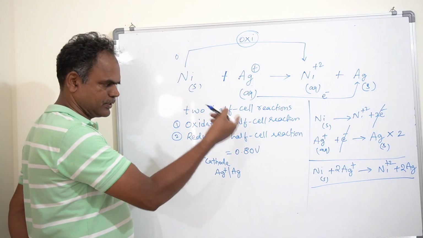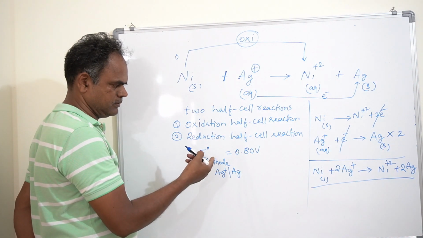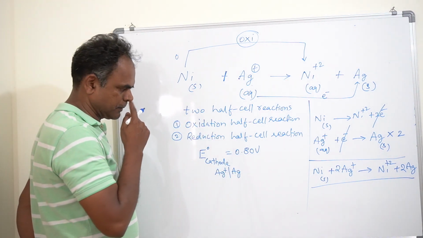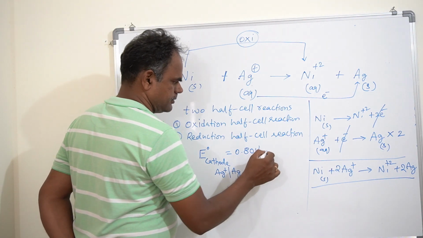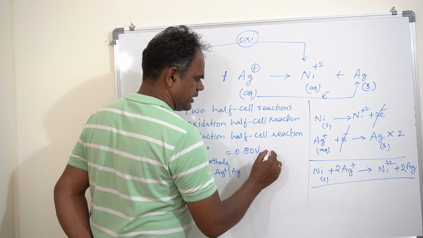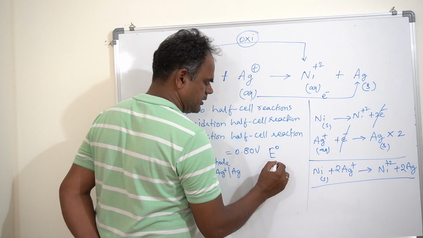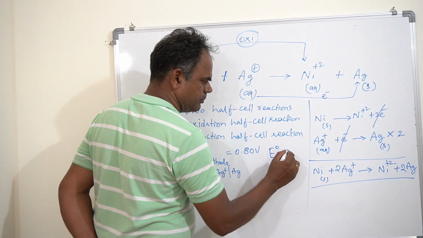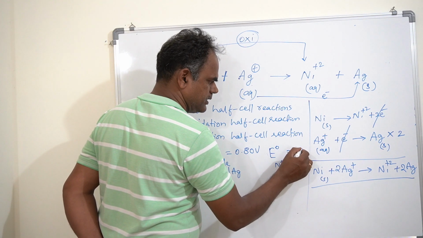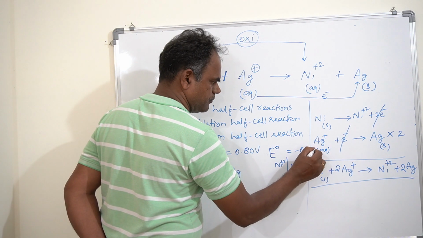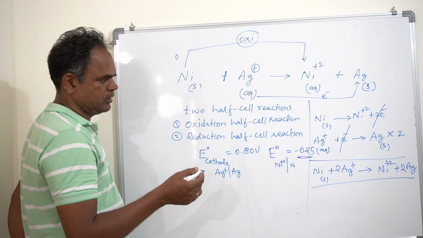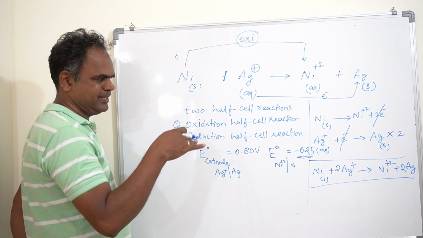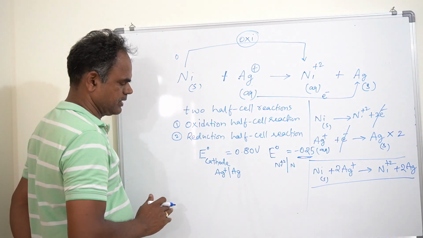You can see in the electrochemical series that silver lies below copper, hence the value is positive. Similarly, the standard reduction potential of nickel, Ni2+ to Ni, is minus 0.25. It lies above copper. A negative value indicates it easily undergoes oxidation.